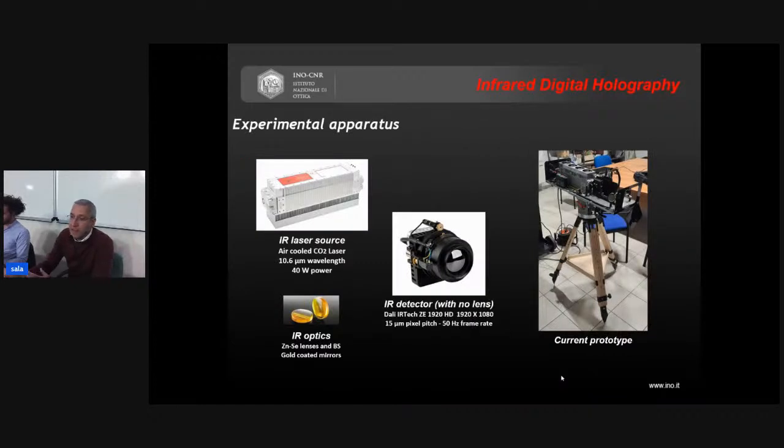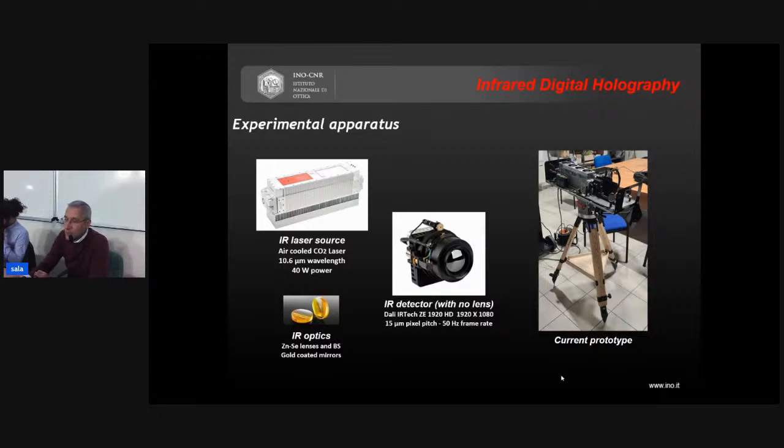Here are the main ingredients to realize infrared digital holography. You need an infrared laser source. You need an appropriate infrared detector, which is used without its objective. It's just the naked sensor. And appropriate optics, lenses, mirrors, polarizers, and so on.